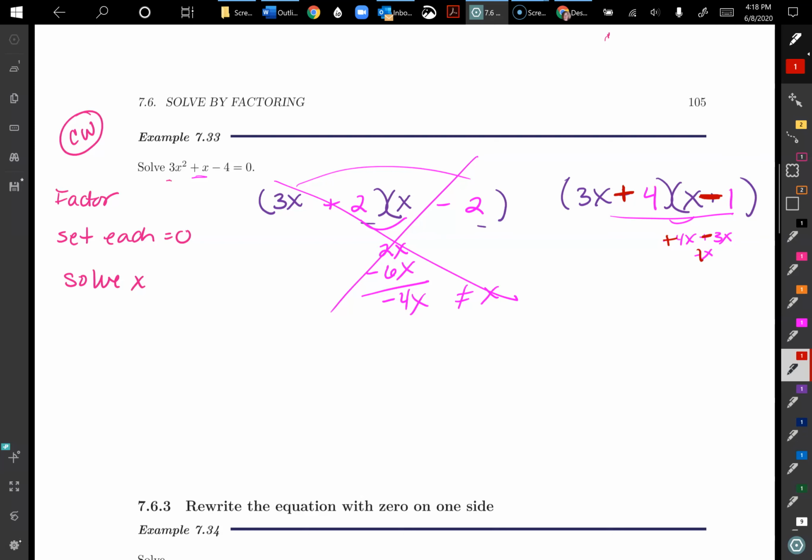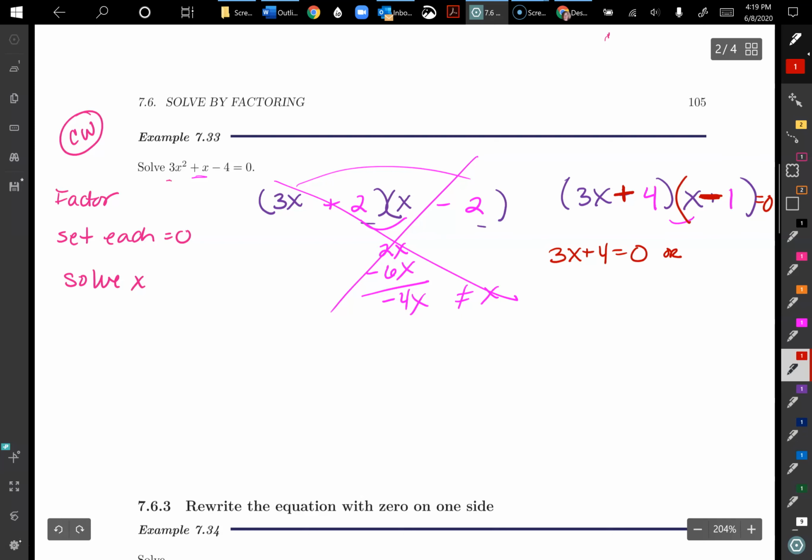So I just wanted to review the process of factoring. But remember, these are set equal to 0. So I'm going to set each factor equal to 0: 3x plus 4 equals 0, or x minus 1 equals 0.